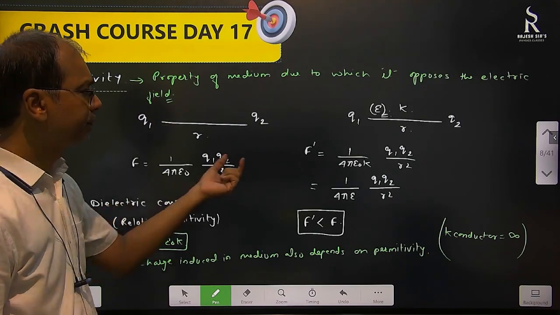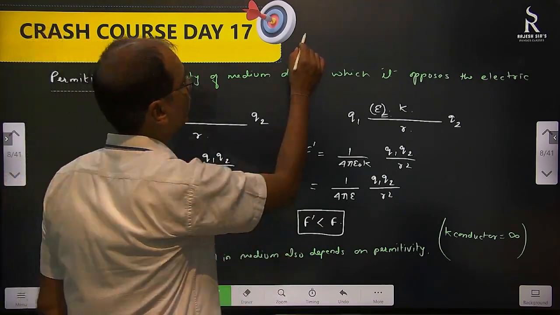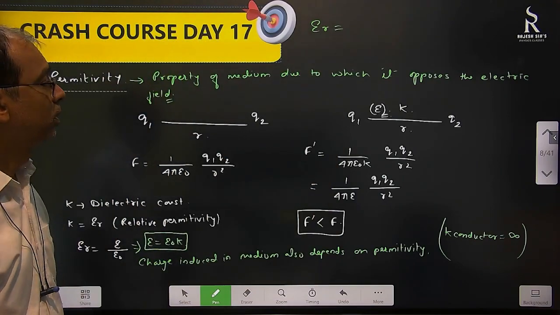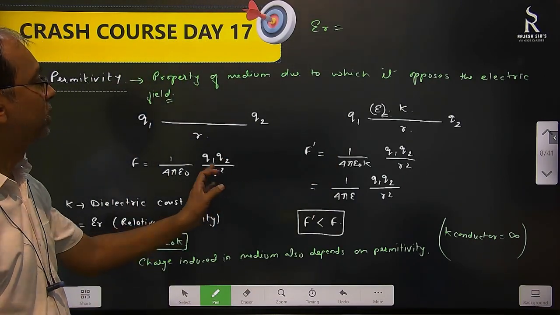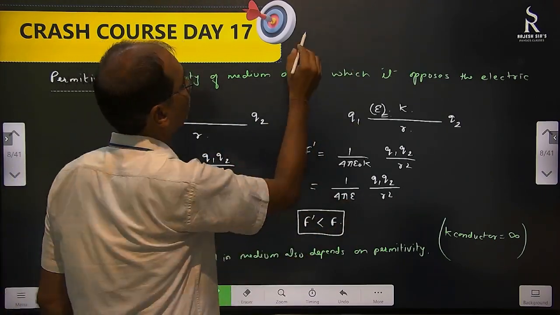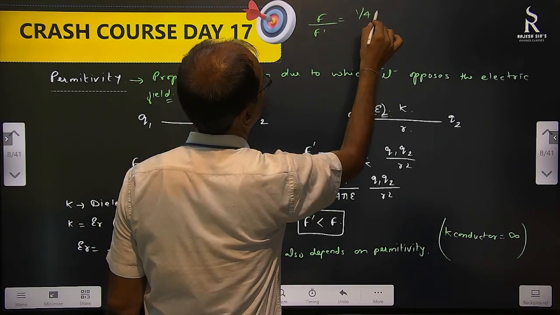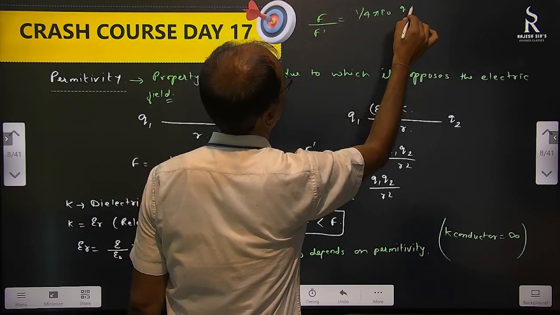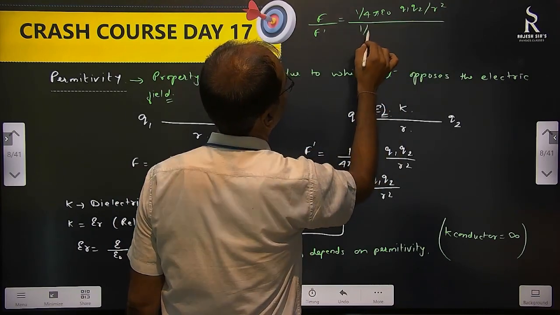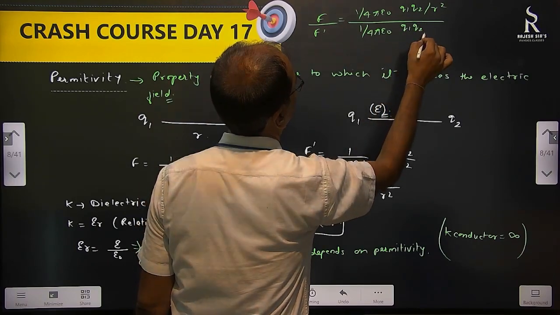So in terms of F and F dash also we can define it. What will it be? First, let's see what F by F dash is. F is 1 by 4 pi epsilon naught Q1 Q2 by R square, whereas F dash is 1 by 4 pi epsilon Q1 Q2 by R square.